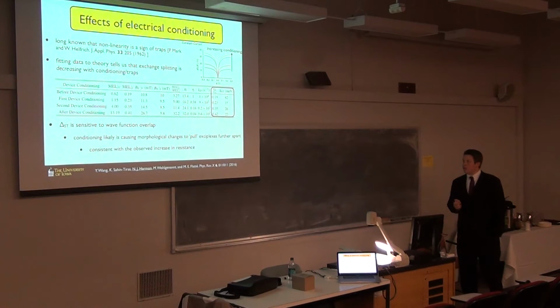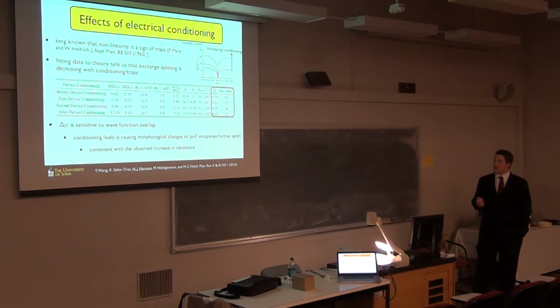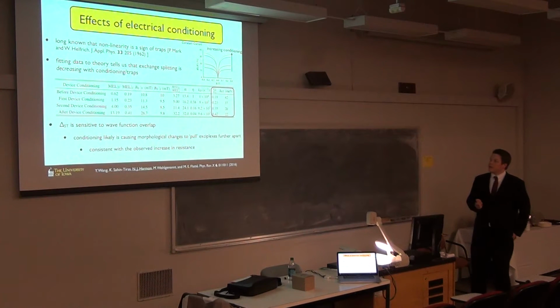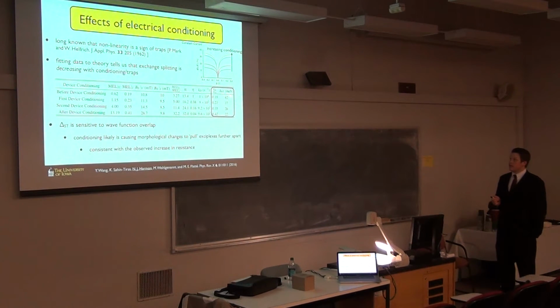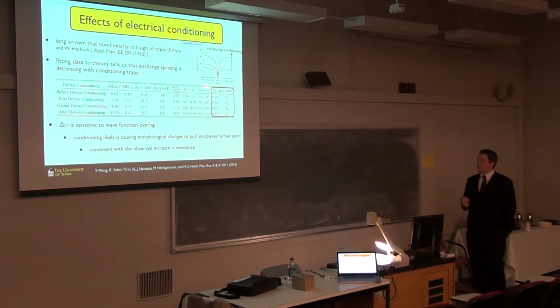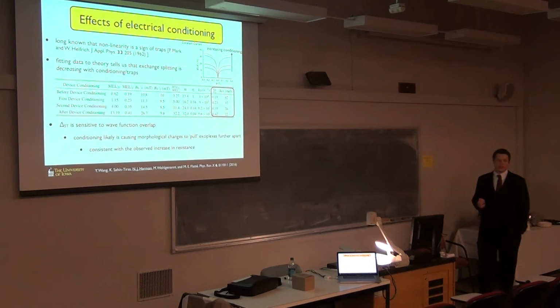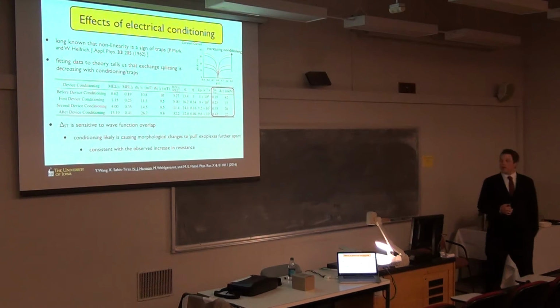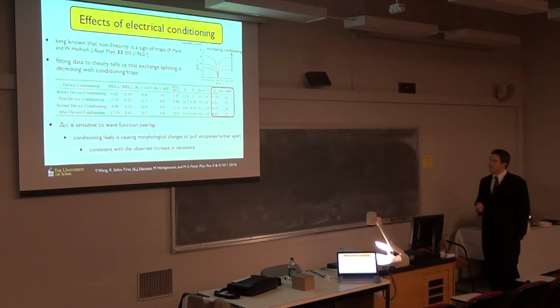I've done the fitting of the theory to the data, and we can extract certain parameters such as this exchange splitting between the singlet and triplet exciplexes. We find that by increasing the conditioning, we're decreasing this exchange splitting. And of course, this is consistent with an increase in the magneto-electroluminescence.